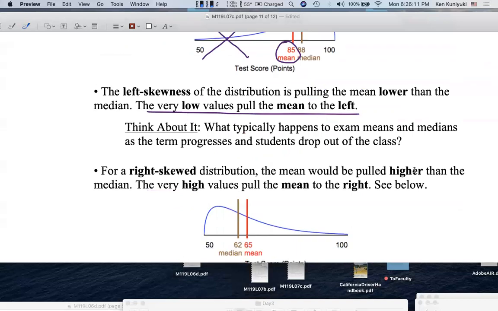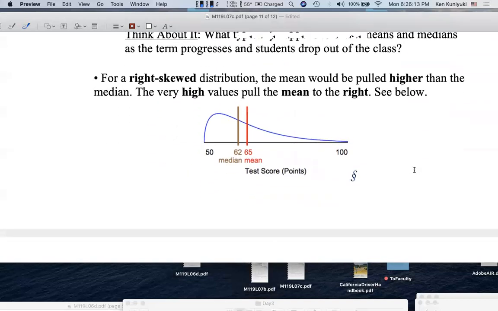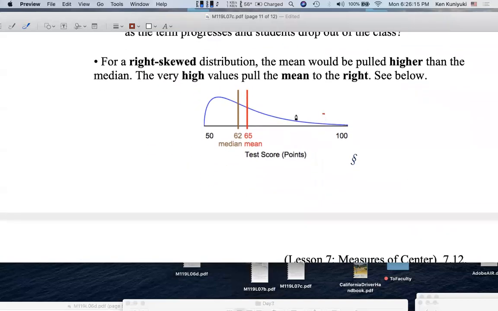All right. For a right skew distribution, a physics class, the skewness over to the right would tend to pull the mean to the right, above the median. So the very high values would tend to pull the mean to the right. So I guess hypothetically, if a bunch of these students in the right tail go, hey, this physics class is too easy for us, let's take the next physics class up, then I suppose the mean would converge towards the median, and then both of these would go down.